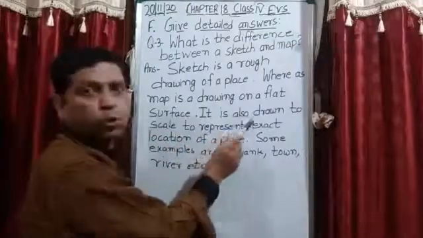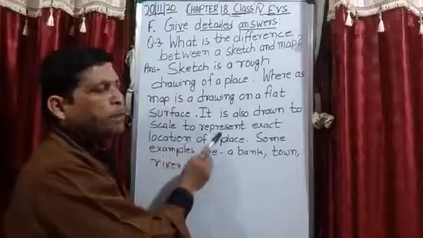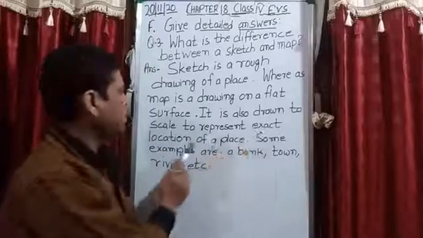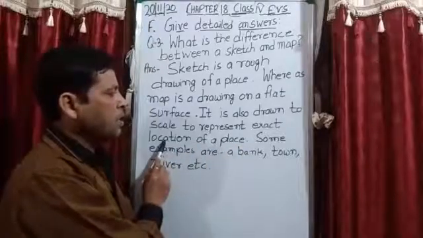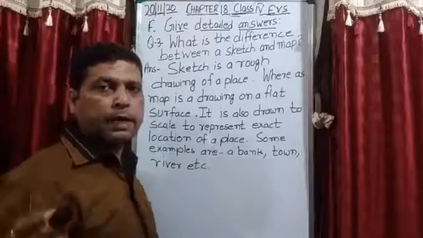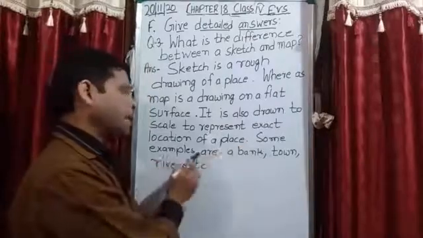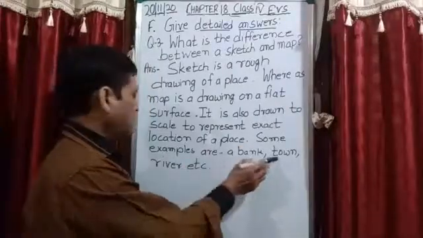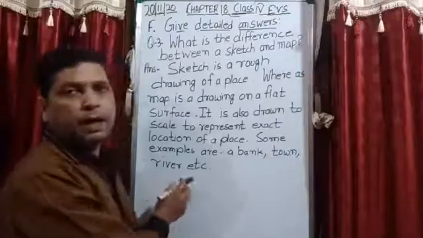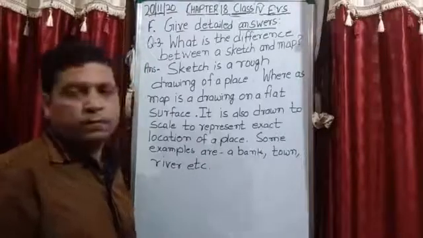It is also drawn to scale to represent the exact location of a place, and it also gives the exact measurement. Some examples are a bank, town, river, etc. Is it clear? So note down this answer.